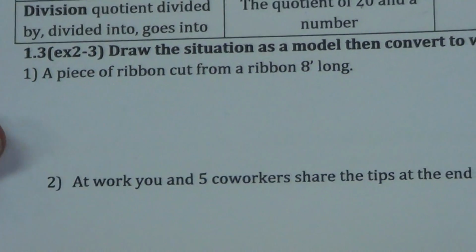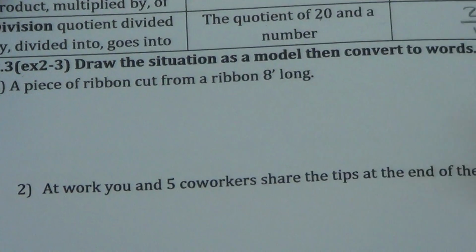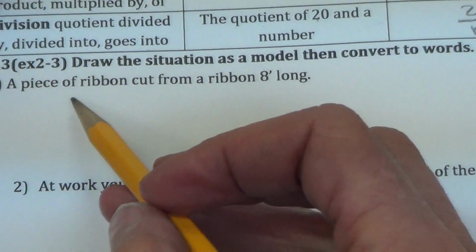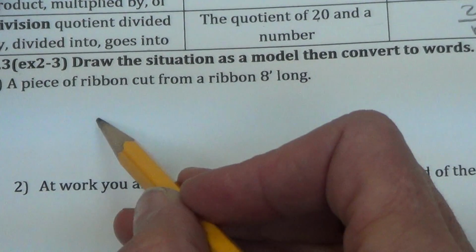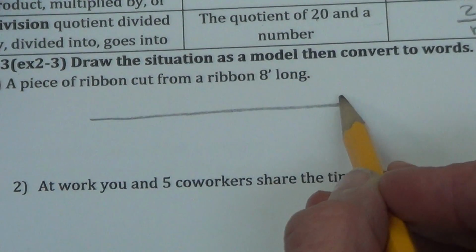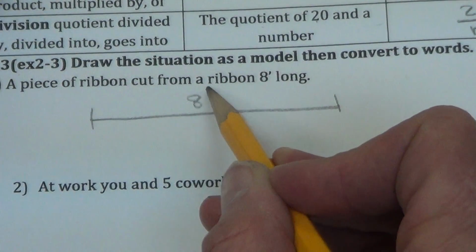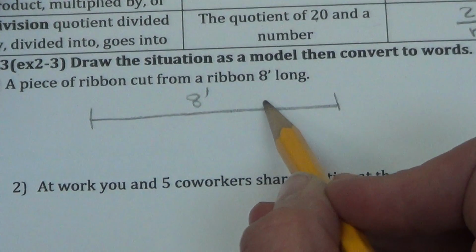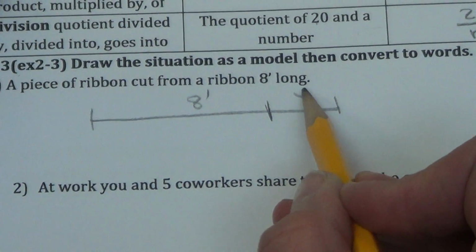We have an expression here that they want us to convert to an algebraic expression. A piece of ribbon cut from a ribbon 8 foot long. So I usually draw these and think about it. If it's 8 foot long, and I snip a little section here, I don't know how long that is.